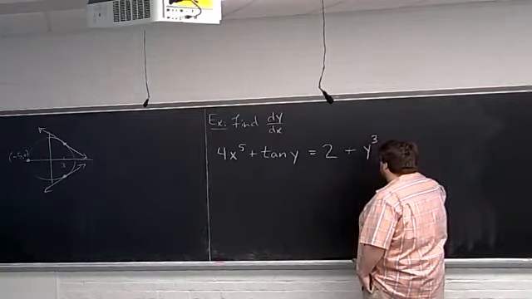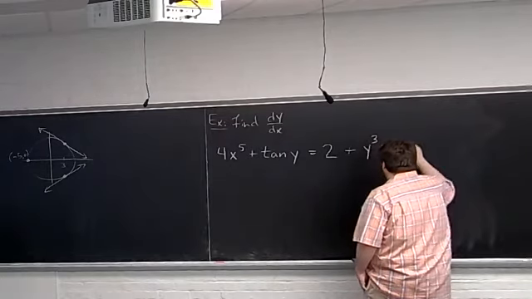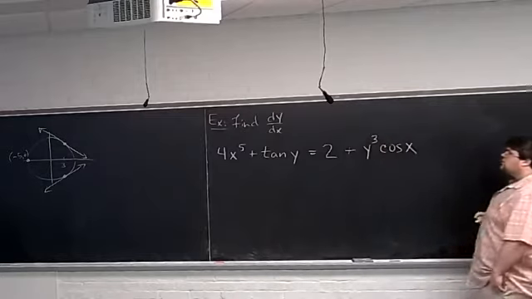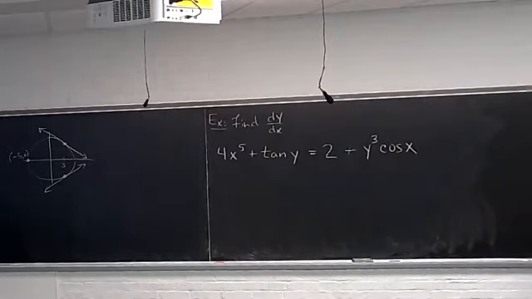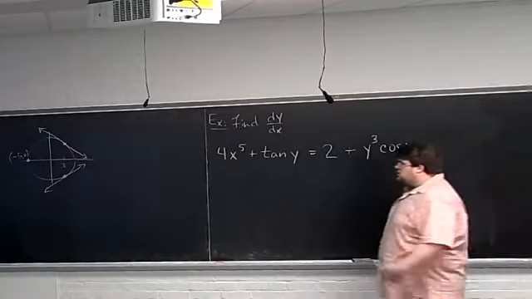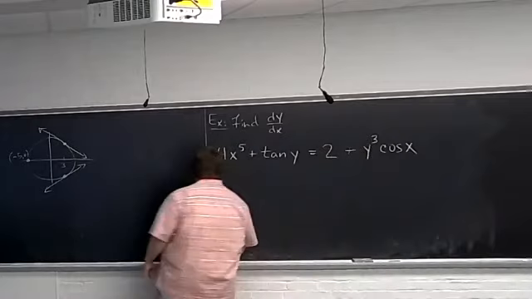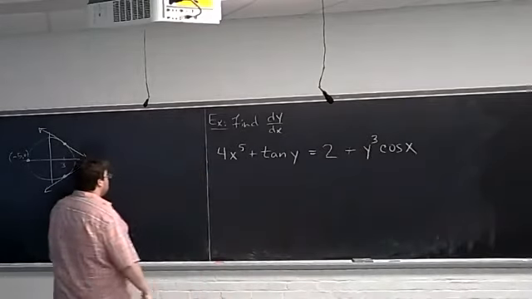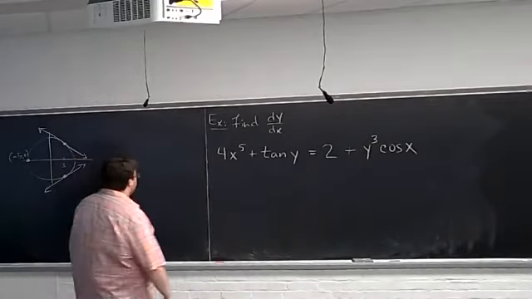Let's throw a negative here. Cosine of x. So find dy/dx here. Notice we have an equation with lots of x's and y's. We can use our implicit differentiation technique to find some dy/dx's, and then we can solve for that.